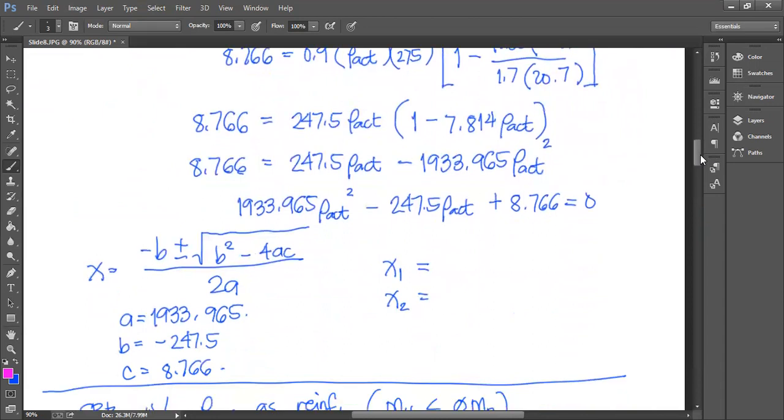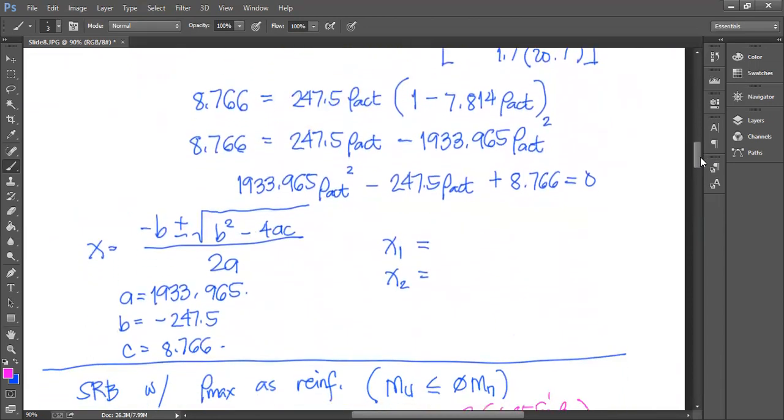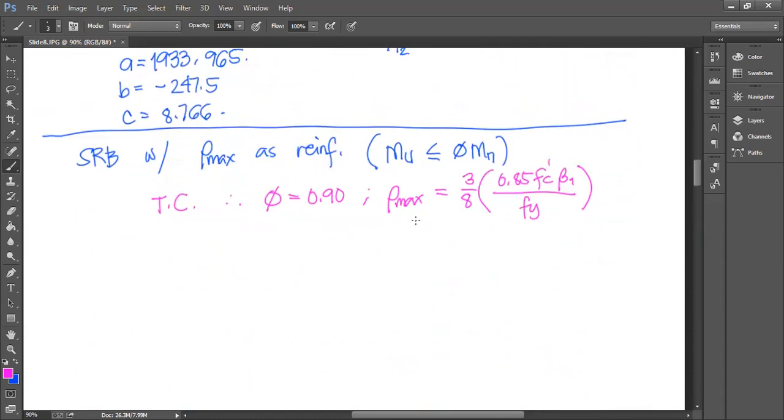Ngayon, since meron tayong another way, so try natin i-solve ngayon to. Yung raw maximum now is equal to 3/8 multiplied by 0.85 times f prime c na 20.7 times beta 1. Yung beta 1 natin, since ang f prime c is equal to 20.7, beta 1 is equal to 0.85 since f prime c is less than 28.